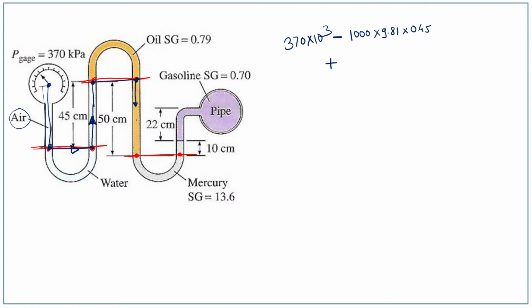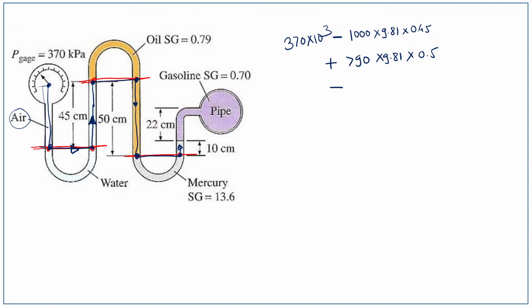Then 790, that is the density of oil, into 9.81, into height 50 centimeter, that is 0.5 meter. This is the pressure up to this point. Whatever the pressure at this point, same pressure is there at this point. And from this point we are moving upward direction, so minus sign will be there.